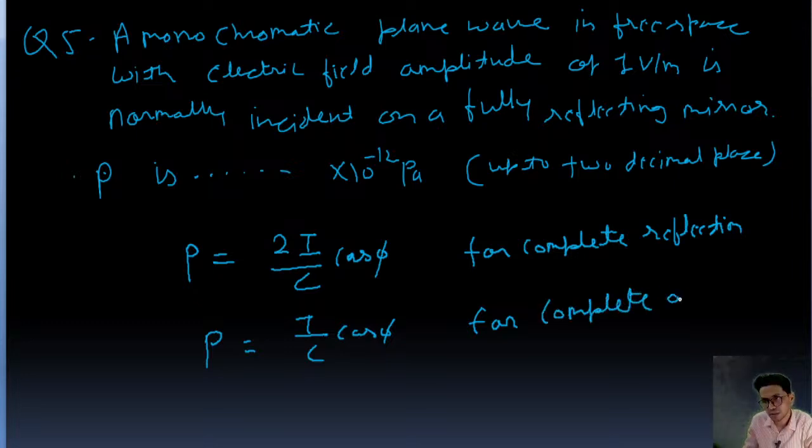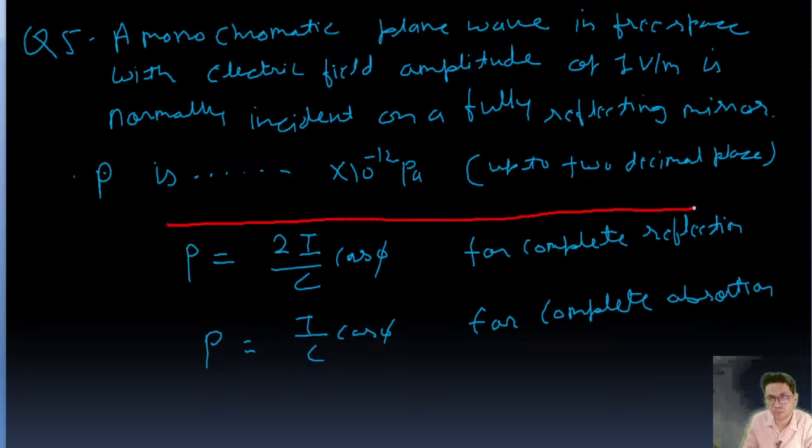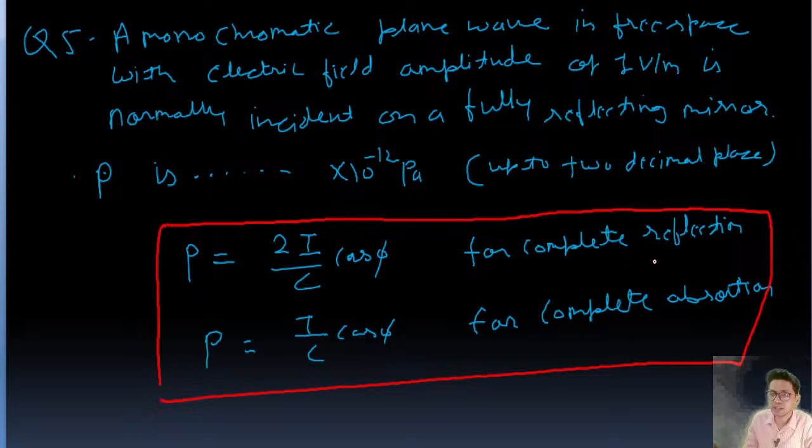These are very important formulas, guys, you need to note down. If the mirror is completely reflecting, then pressure is 2I upon C cos phi. And if the mirror absorbs the light completely, then pressure is I upon C cos phi.